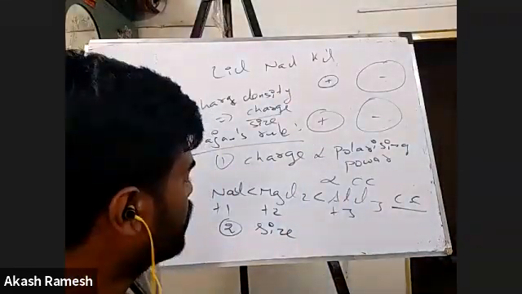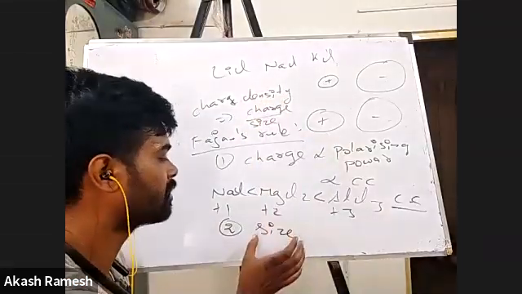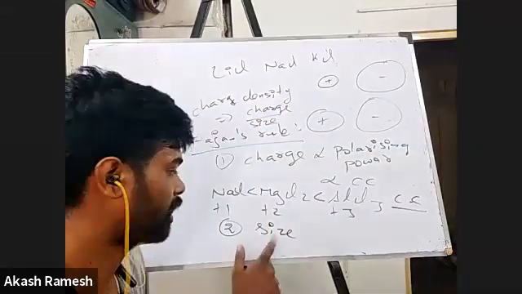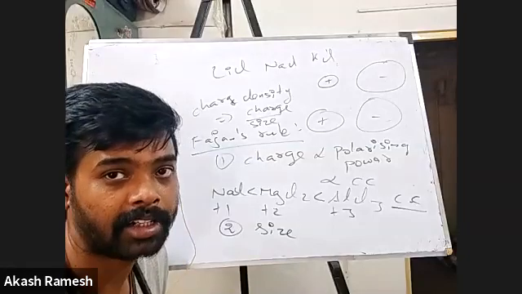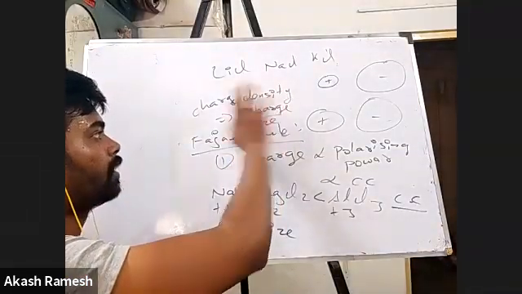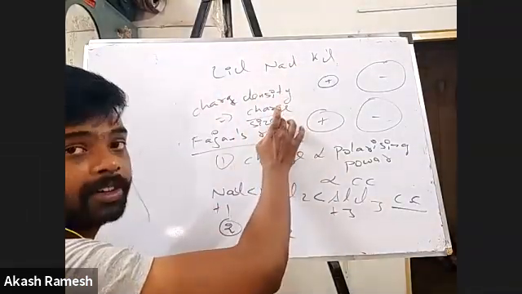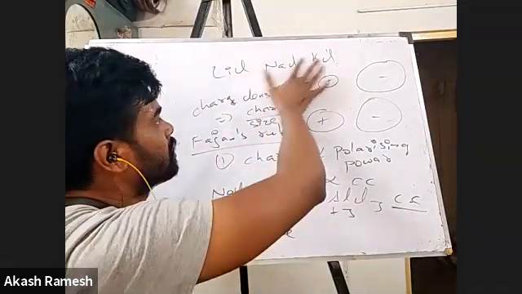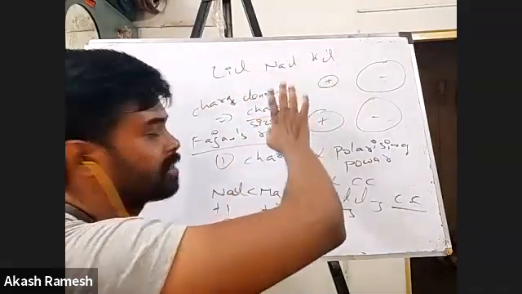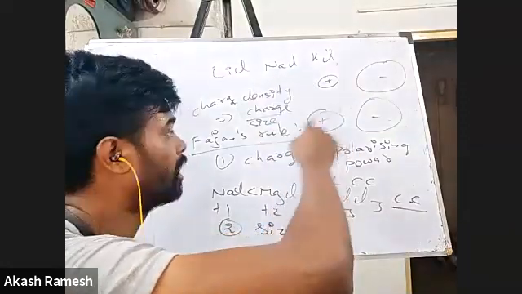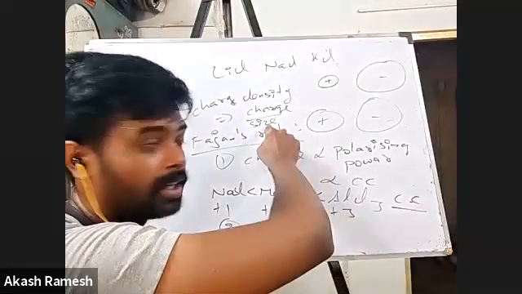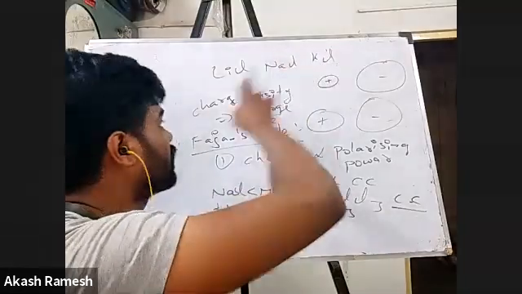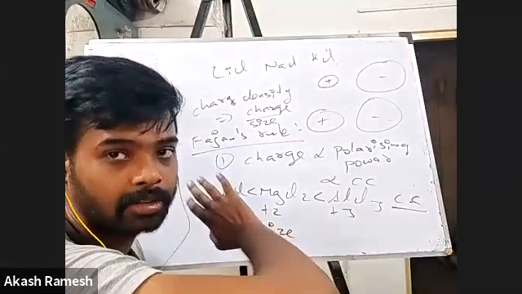Please understand that whenever size is increasing or decreasing, you can see here what is going to happen. Charge density: if I speak here, Li plus, Na plus, and K plus are having the same charge +1. But if I talk about the size, K plus is having maximum size, Li plus is having minimum size.